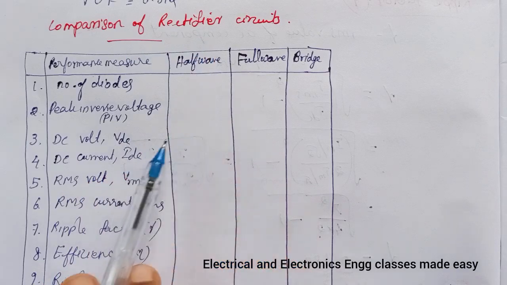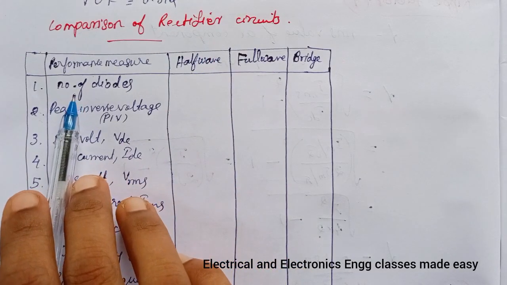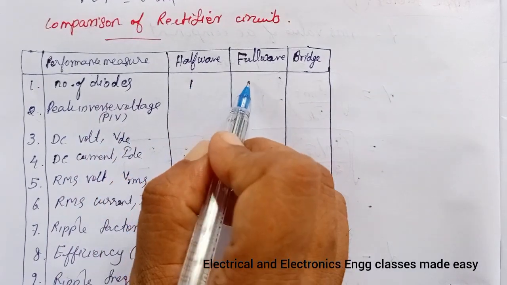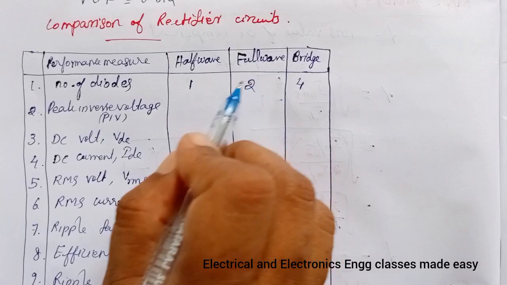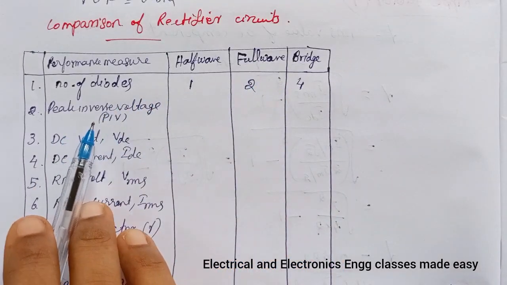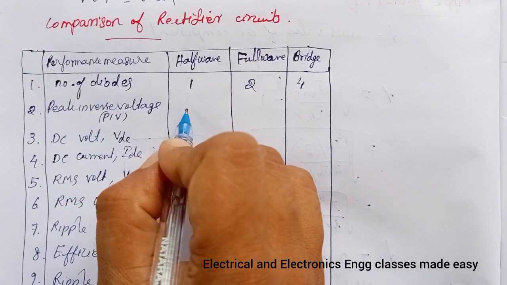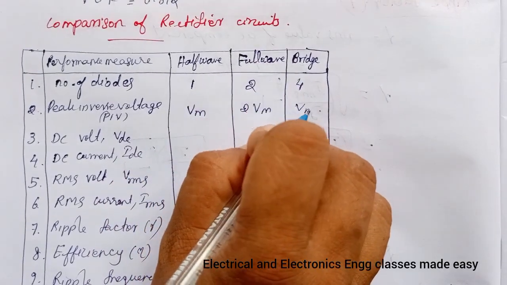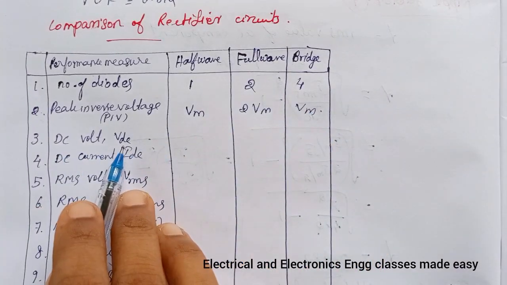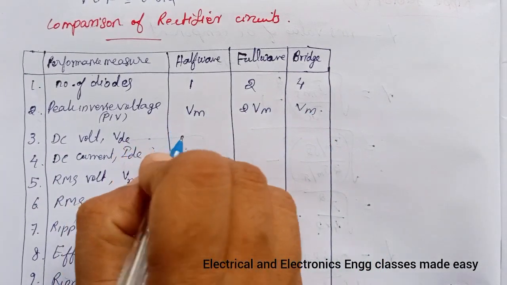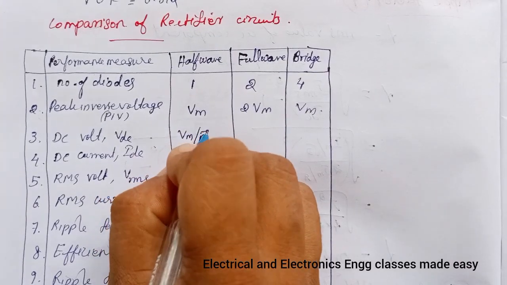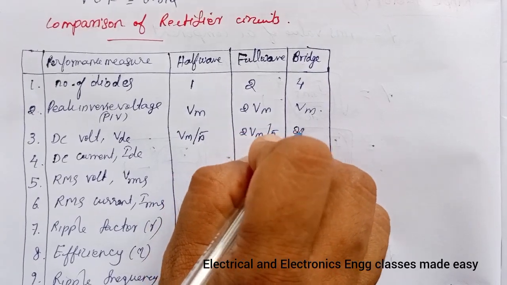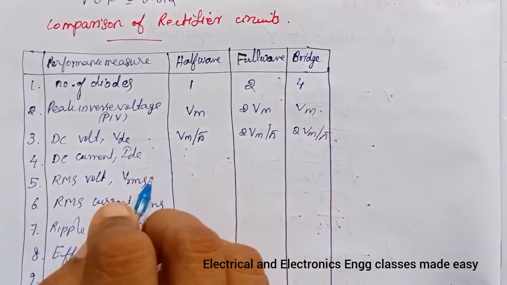Let us compare the rectifier circuits. First one, number of diodes. In half wave 1, full wave 2, bridge rectifier number of diodes is 4. Then peak inverse voltage is Vm, then 2Vm, bridge Vm. Then DC voltage, that is VDC is Vm divided by pi, here 2Vm divided by pi, here also 2Vm by pi.